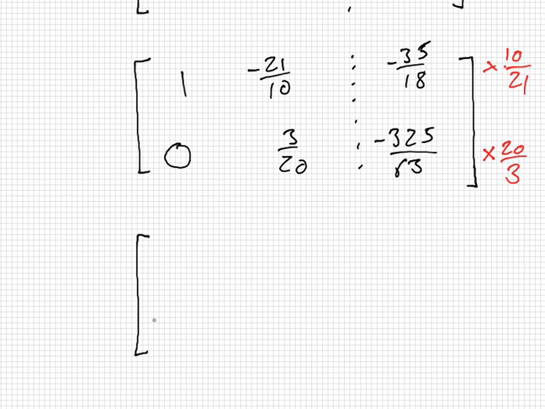So this one here will be 10 over 21 minus 1. Tell me what you got here, please. And then here it will be 0, 1. So what's this number? And what's this number?